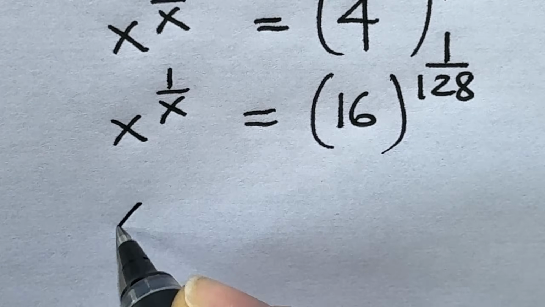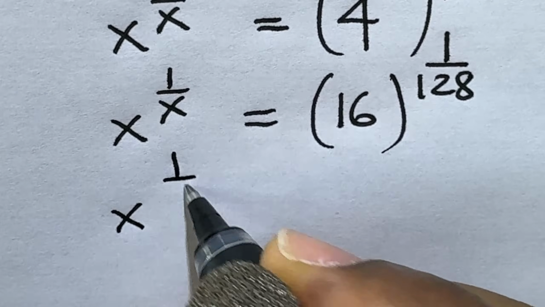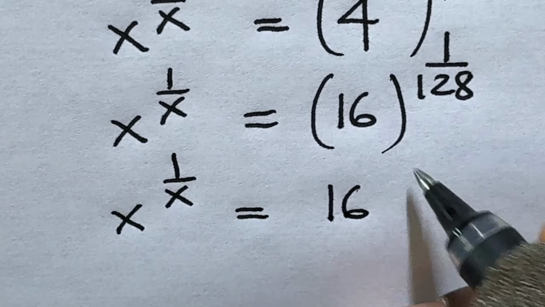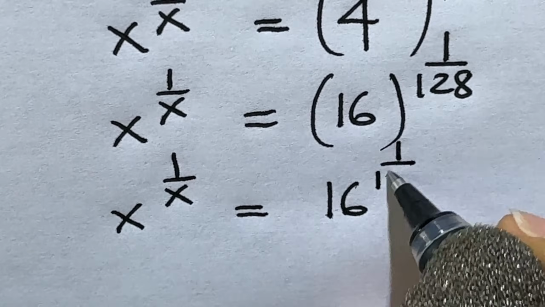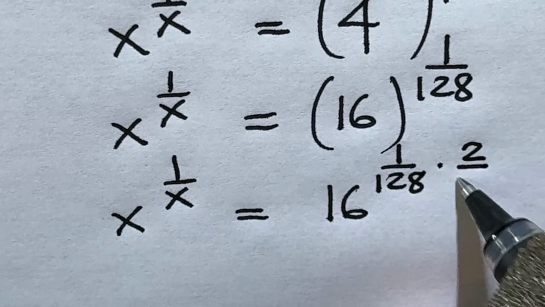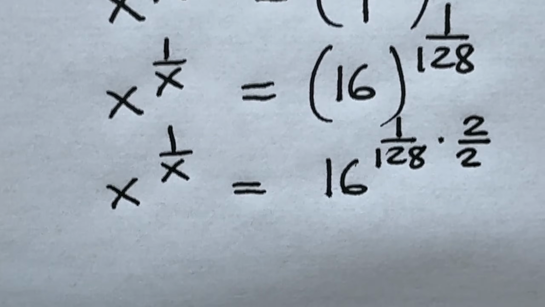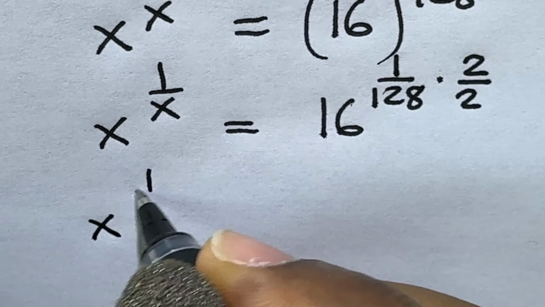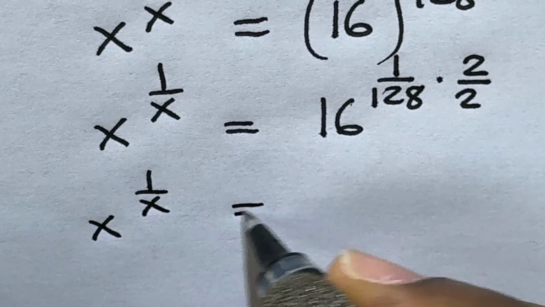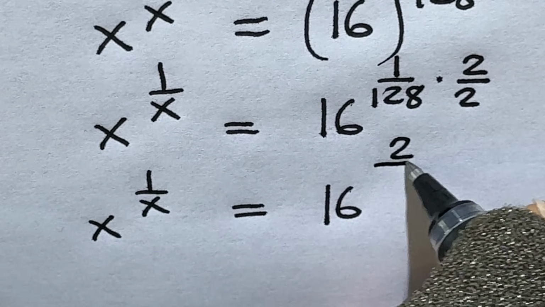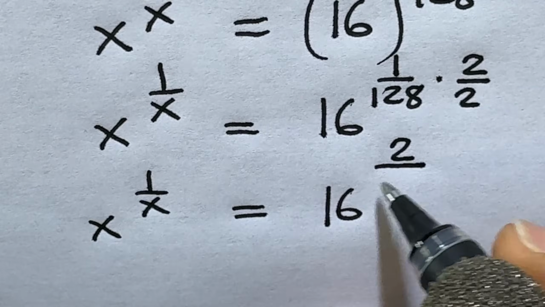Then we have x raised to power 1 over x is equal to 16 raised to power 1 divided by 128 times 2 divided by 2. Then x raised to power 1 over x is equal to 16 raised to power 2 divided by 128 times 2 is 256.